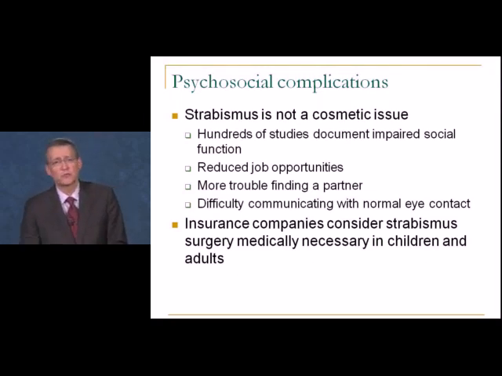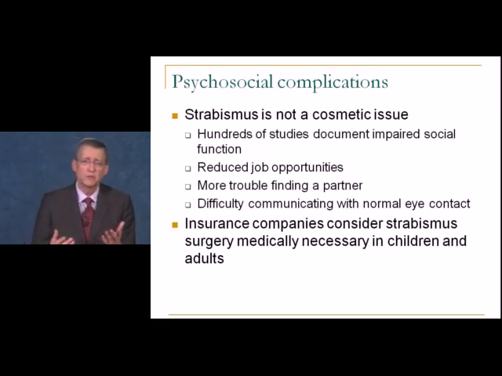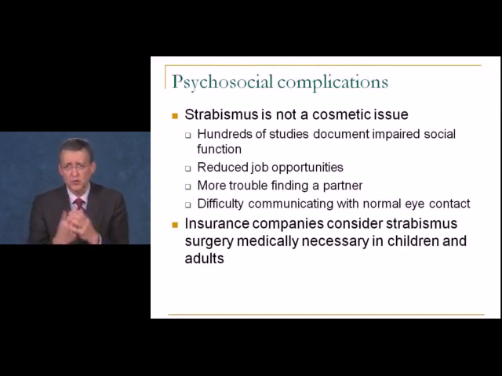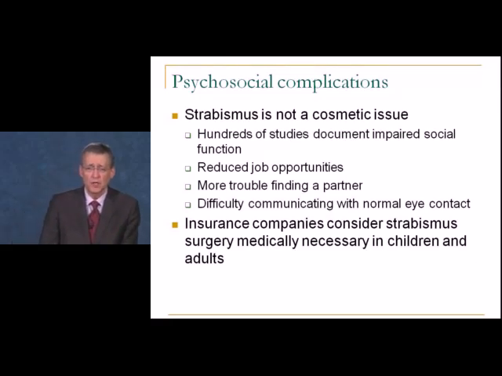On job opportunities, you ask people about promotion, who would you promote, and the ones with strabismus get lower scores. Dating studies, who would you pick as your partner, the one with manifest strabismus gets lower scores. There's difficulty communicating. I have teachers whose students don't know who they're calling on, and so it's a real problem.